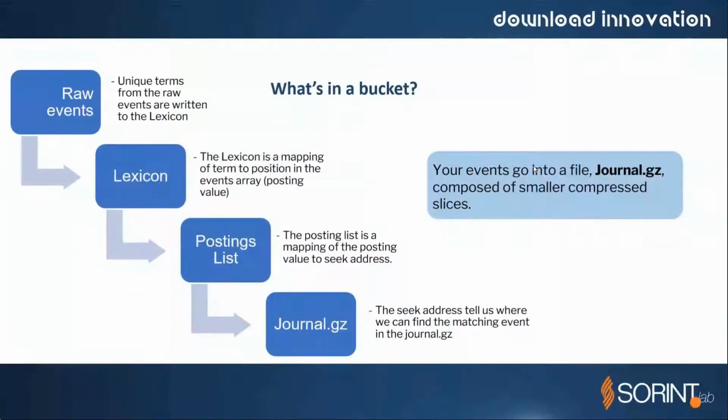This is the more technical description of what's inside a bucket. The most important file is the journal.gz file, where all the events are compressed and stored. From the raw events, unique terms are selected and then written to the lexicon. The lexicon is just a mapping of term to position in the events array, what we call a posting value.